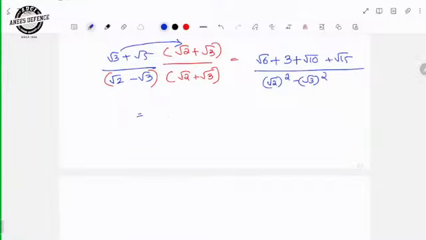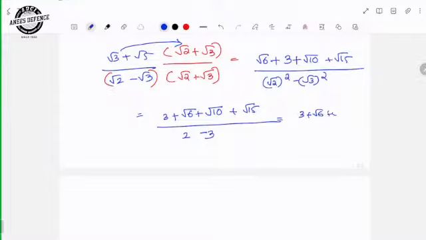So you'll be getting 3 plus root 6 plus root 10 plus root 15 divided by 2 minus 3. Root 2 square is 2. The answer will be 3 plus root 6 plus root 10 plus root 15 by minus 1.